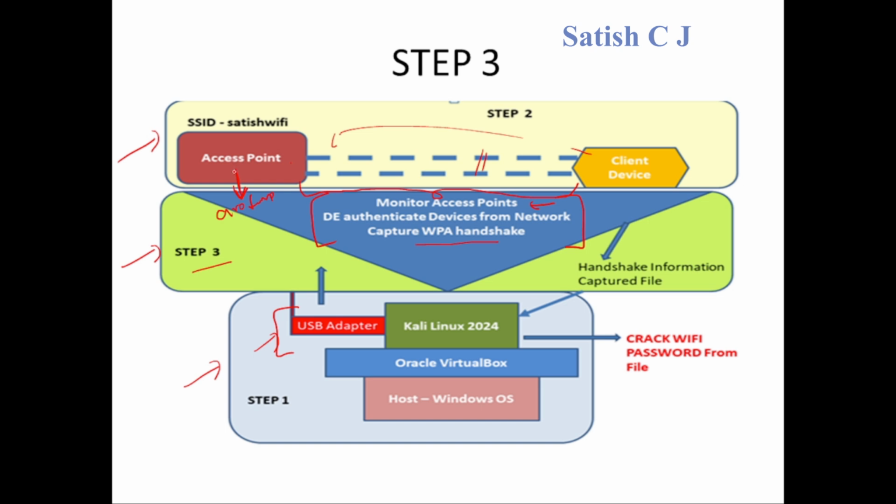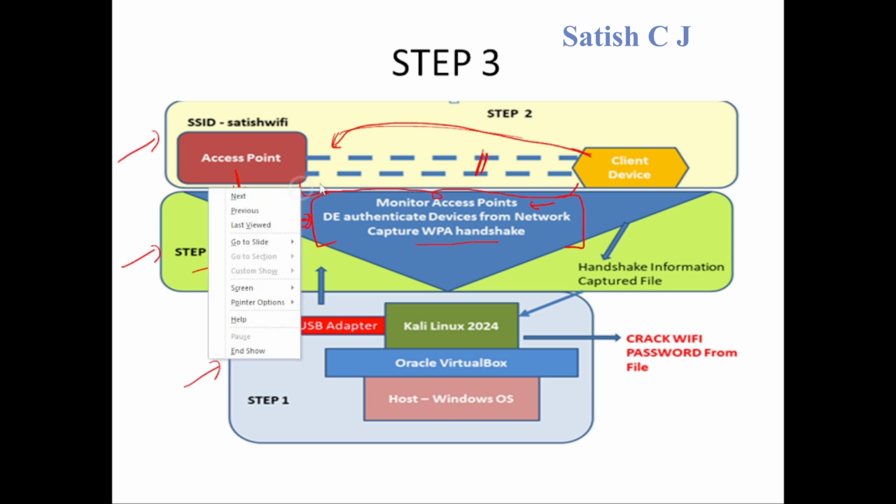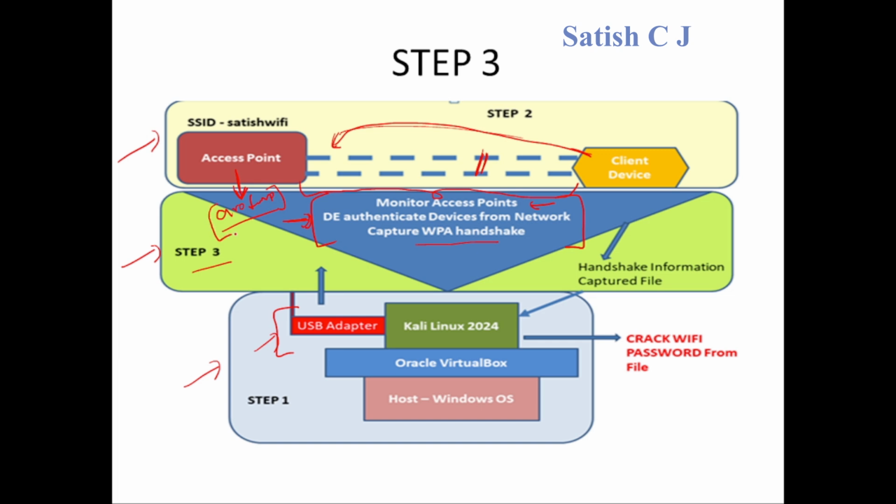So for this, the next step is deauthentication. We will forcefully disconnect this client from the access point by running certain commands. Once it disconnects, it will again try to connect. While it's trying to connect, there will be a handshake happening, and that handshake will be captured. See, we are already monitoring and waiting for the handshake file. That handshake information will be captured and written to the output file by name output.